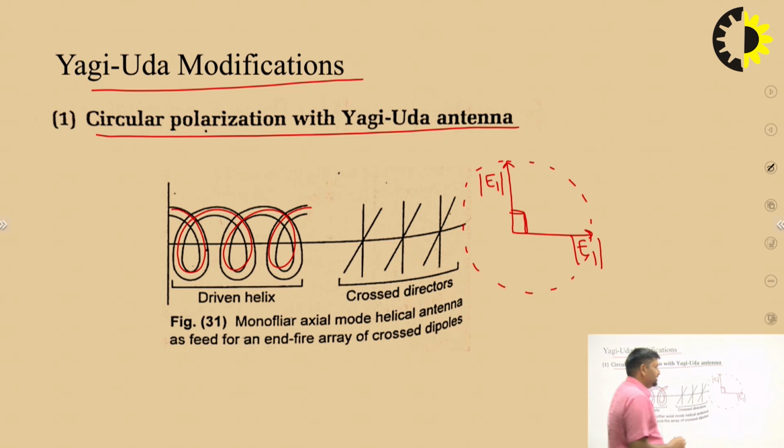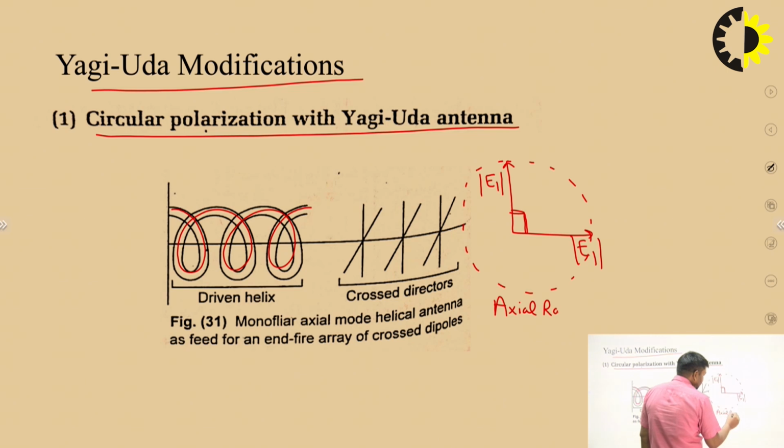So this type of wave is called a circularly polarized wave, and we use this Yagi antenna as circularly polarized when we use the driven element as a helix structure. By using circular polarization, we also calculate the axial ratio.